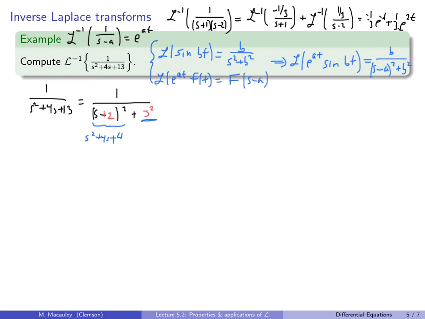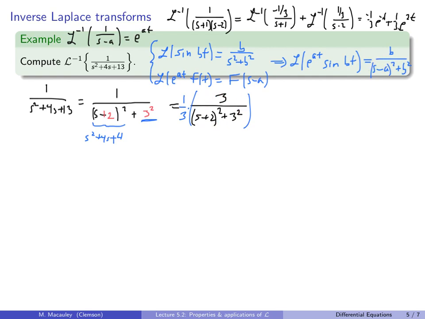What I always do is write down what we need: 3 on top, and then s plus 2 squared plus 3 squared. That's what we need, not what we have. We make it what we have by multiplying by 1/3.